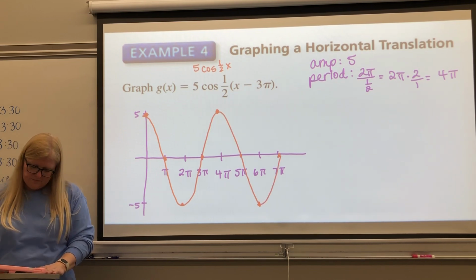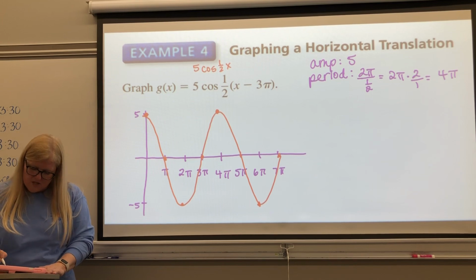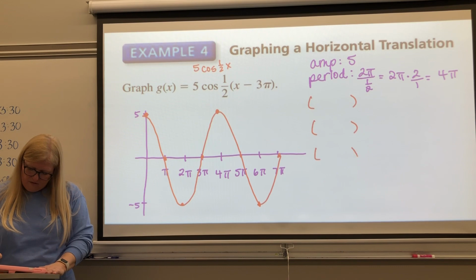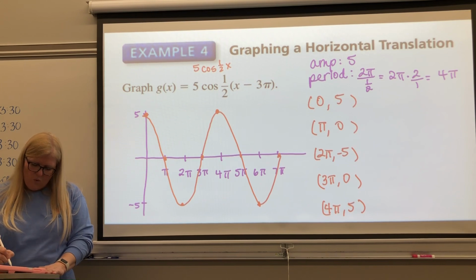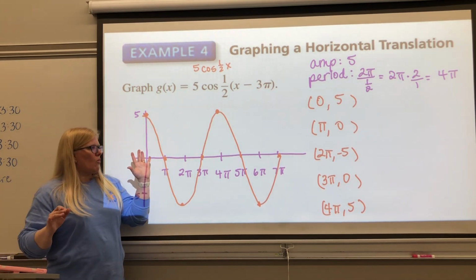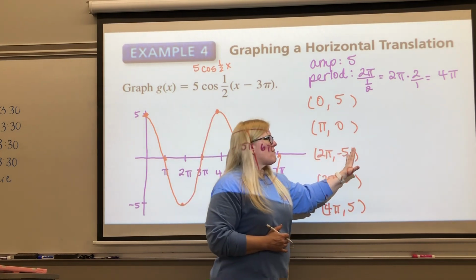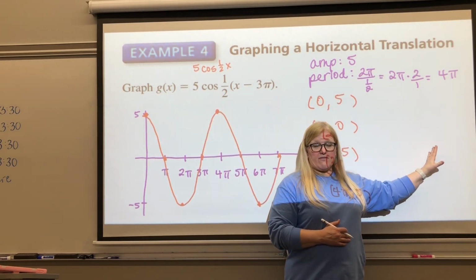All right, so my key points are still going to be just those first 5. So I've got 0, 5, pi, 0, 2 pi, -5, 3 pi, 0, and 4 pi, 5. Okay, what do I need to do in terms of my 5 key points?